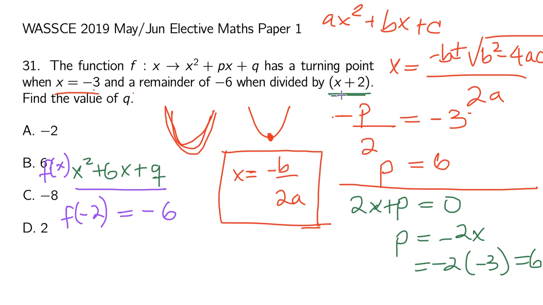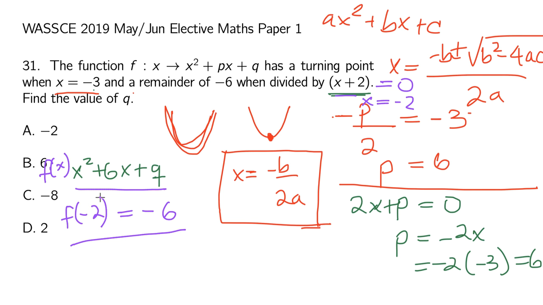So this is the factor, so we set it equal to 0 and we get x equals minus 2. So if we put minus 2 for x in f, the remainder or the result should be minus 6. So let's do that.